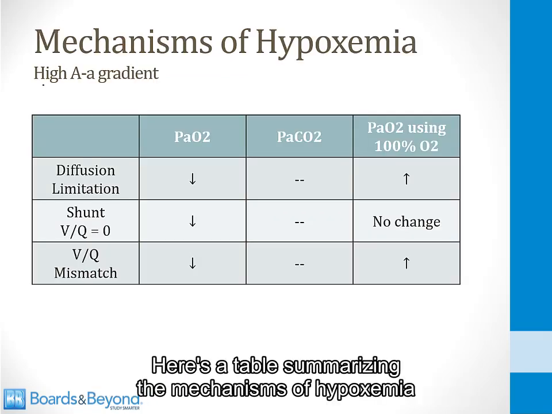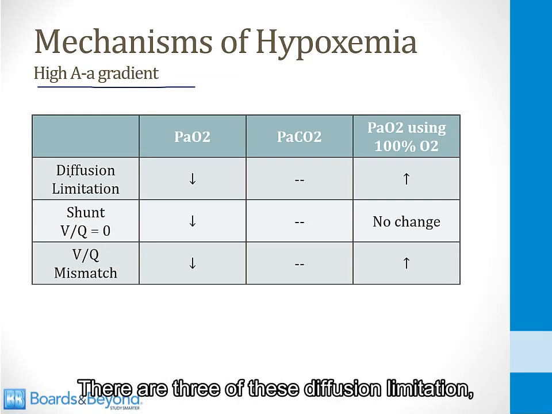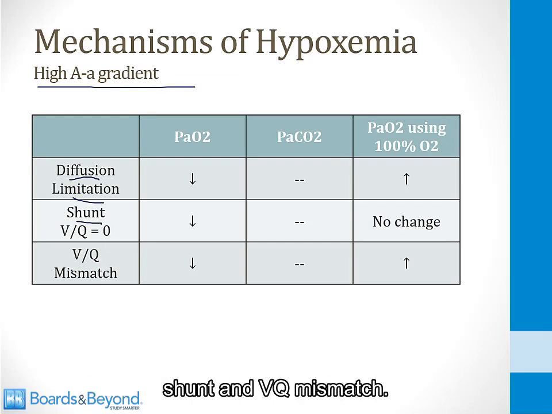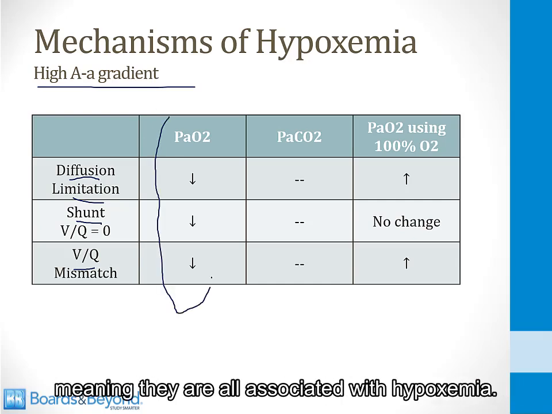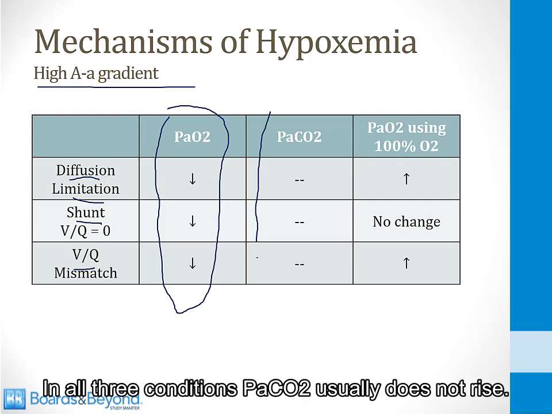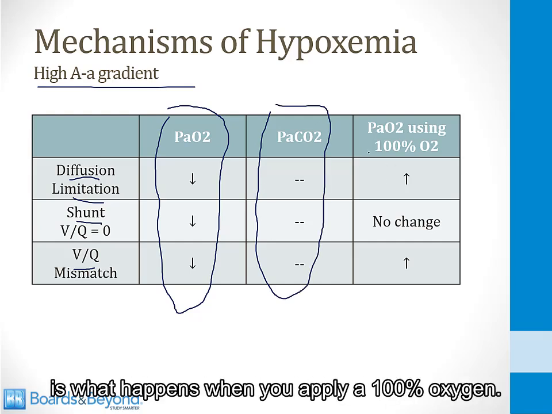Here's a table summarizing the mechanisms of hypoxemia associated with a high AA gradient. There are 3 of these: diffusion limitation, shunt, and VQ mismatch. All 3 conditions are associated with a low PaO2, meaning they are all associated with hypoxemia. In all 3 conditions, PaCO2 usually does not rise. The main distinguishing feature is what happens when you apply 100% oxygen.